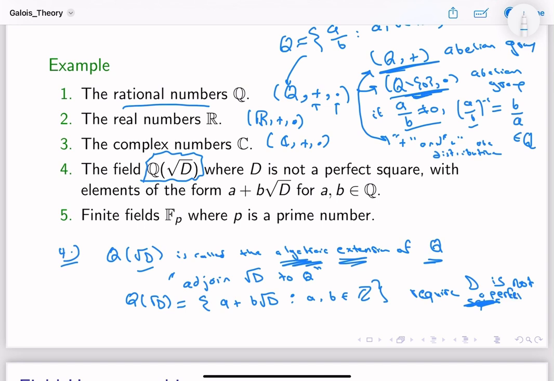What that means is that d is not n squared, not some number squared, because in that case adjoining square root of d would mean nothing. The square root of d would be just n, and then this set is literally Q. There won't be any additional things.